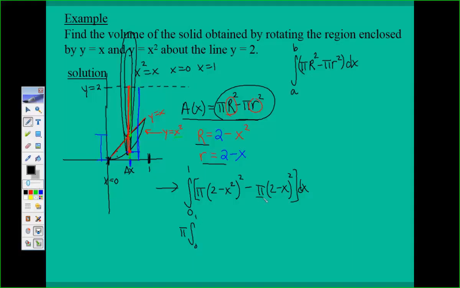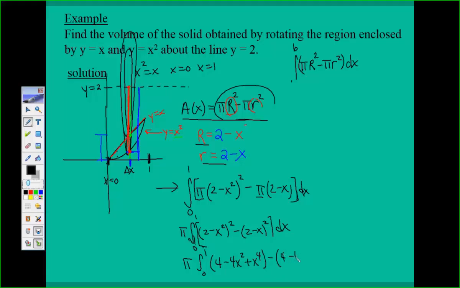I'm factoring out the pi here, so we have left (2 minus x squared) squared minus (2 minus x) squared. So we get pi times the integral from 0 to 1 of 4 minus 4x squared plus x to the 4th, minus 4 minus 4x plus x squared.